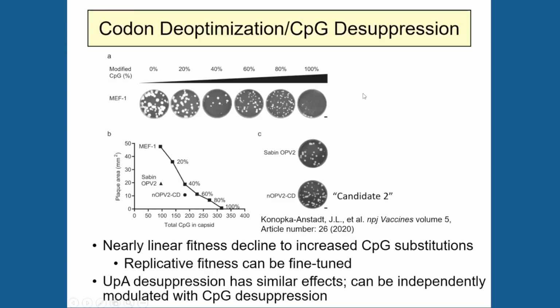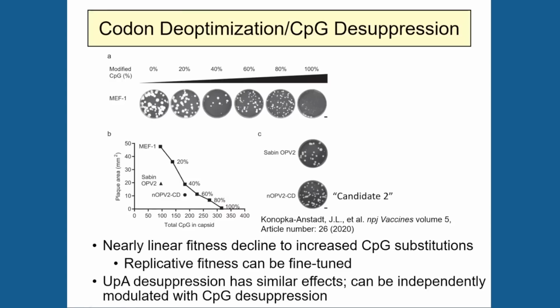So this is figure 1 from Jennifer Konopka-Anstadt's paper describing the codon deoptimization application to type 2. We started off with MEF1, which is the wild type 1. That's actually the IPV seed strain, and it grows quite robustly.